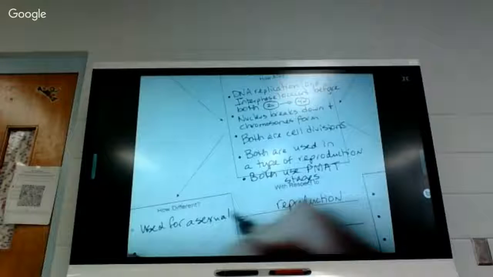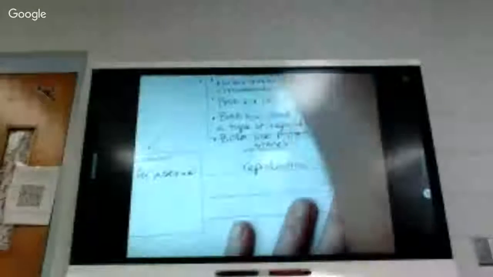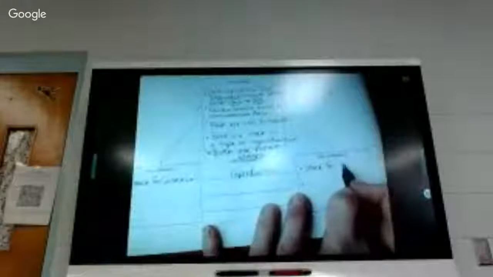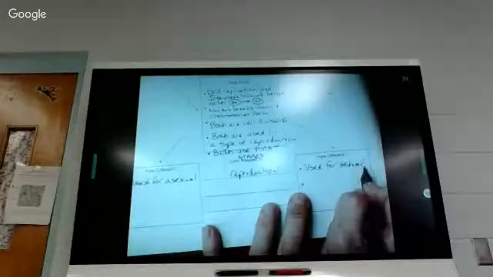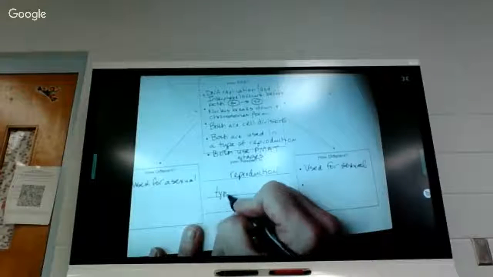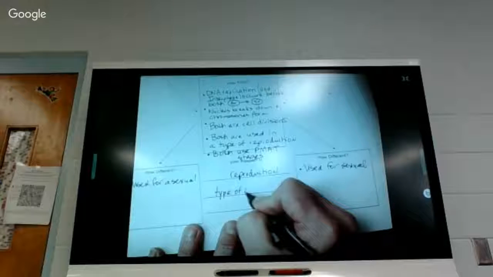Well, this one is used for, zoom out, sexual. Okay, good. So let's go ahead and do, with respect to type of cells made.